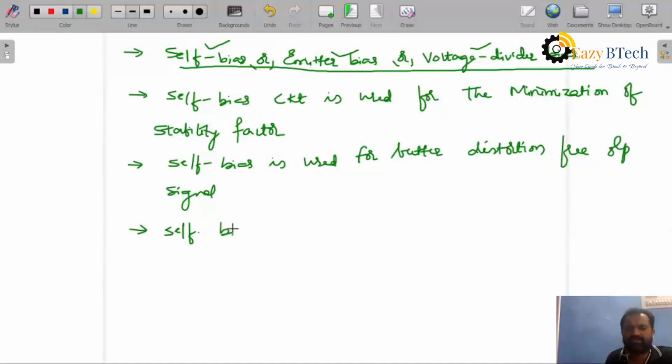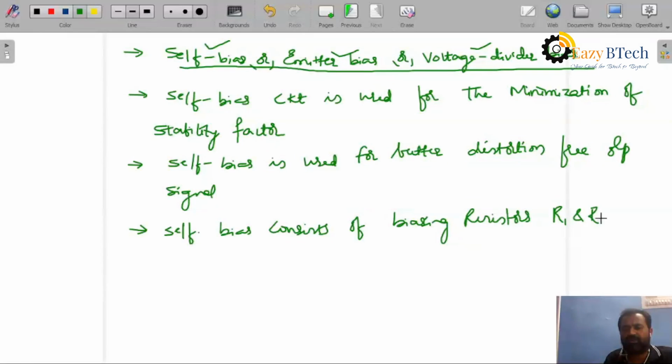Self bias consists of biasing resistors R1 and R2.